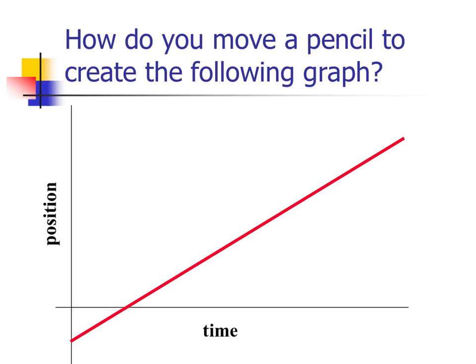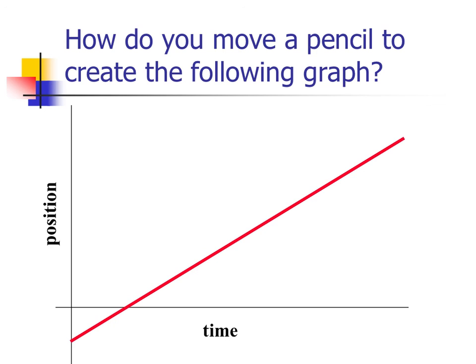This one has a slope of some sort, right? Now, what most students don't like is the fact that there's no numbers, right? Can we say that the slope would be positive or negative? The slope would be positive.